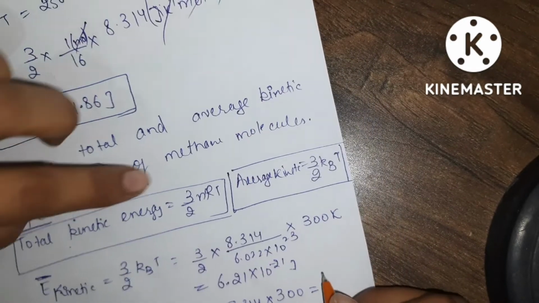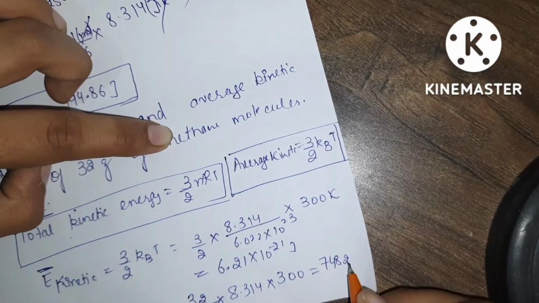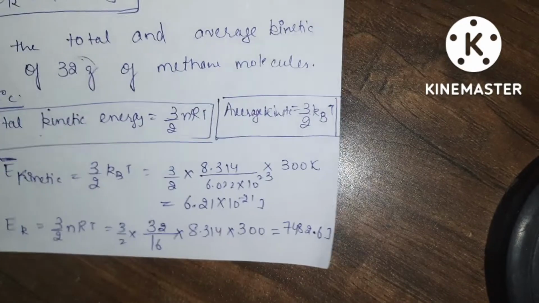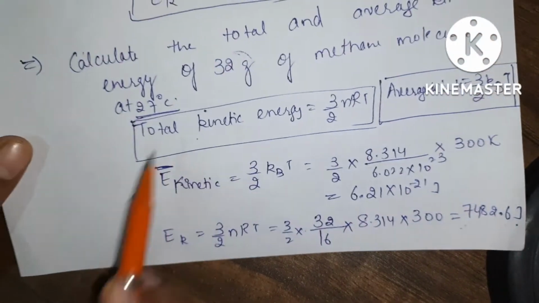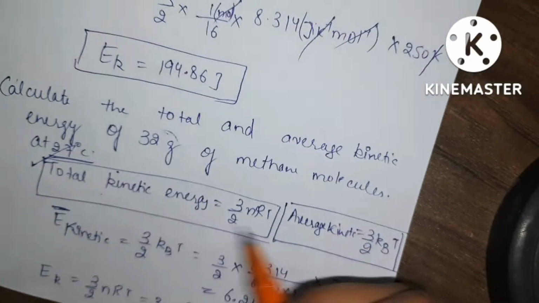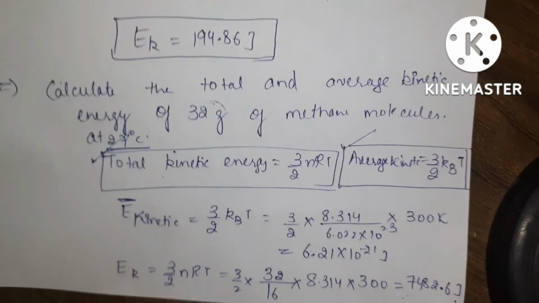You will get the answer 7482.6 joule. So this is our total kinetic energy and this one is our average kinetic energy.